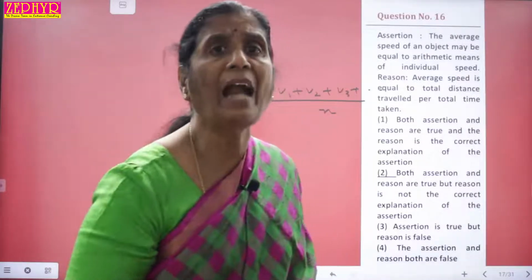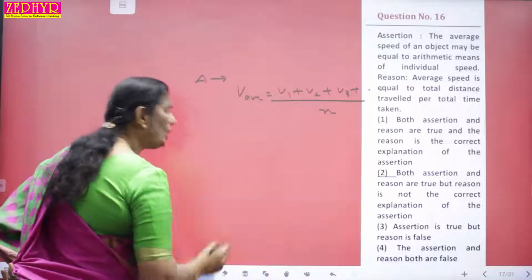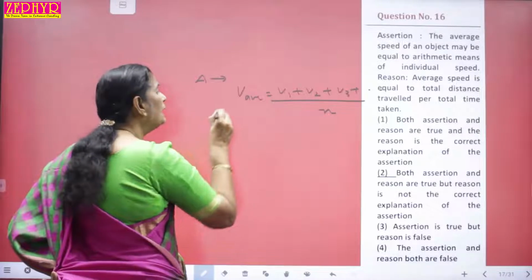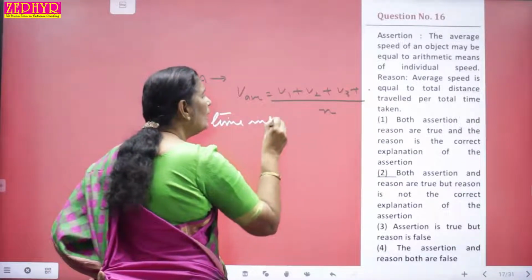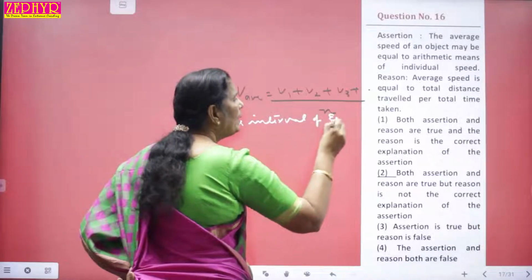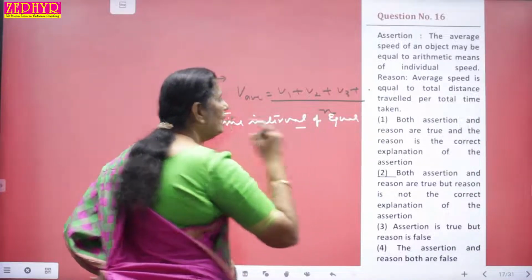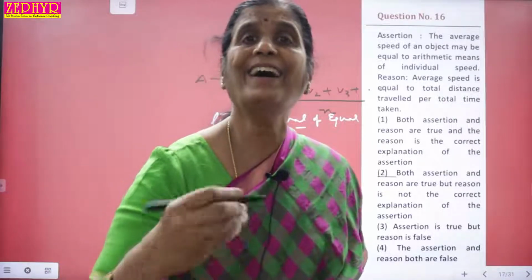It is correct, but only under the condition that time intervals are equal. Time intervals are equal, that is, the first 30 minutes, second 30 minutes, third 30 minutes.